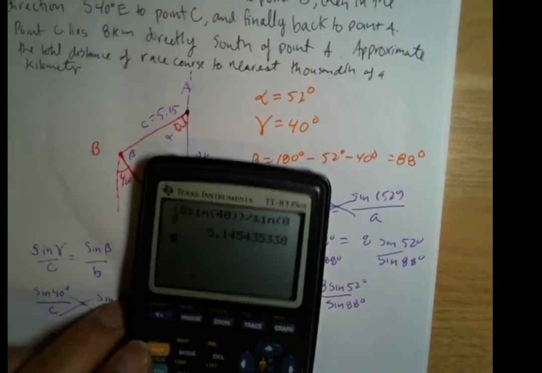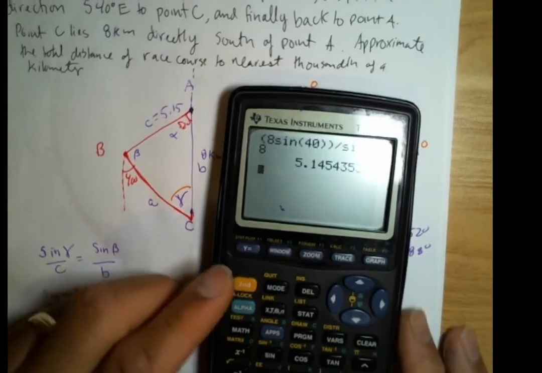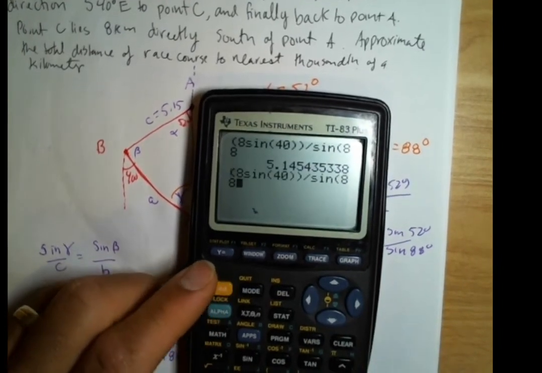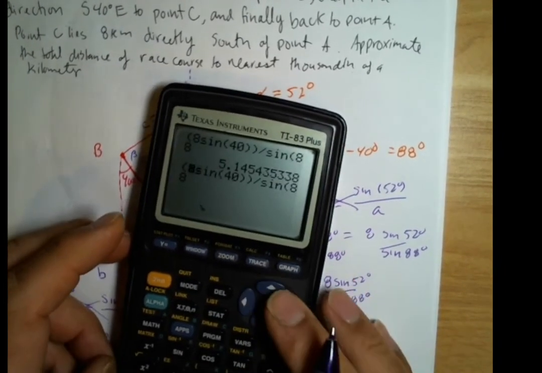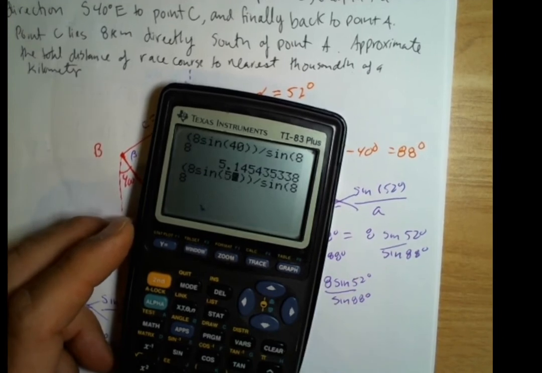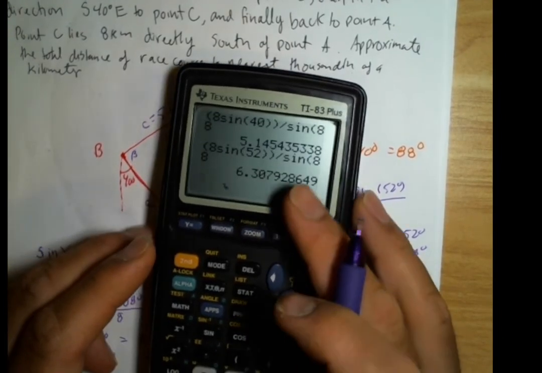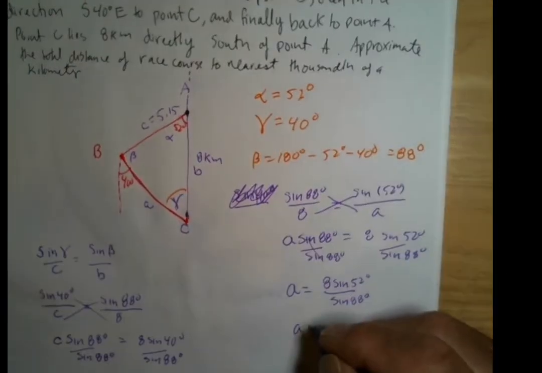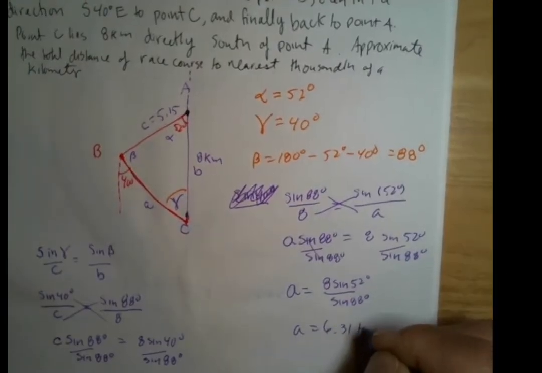Plugging that into my calculator, we bring the previous entry back, and all we need to do is switch the 40 degrees to 52. Hit enter and round to the nearest hundredth. It's 6.31, so a is 6.31 kilometers.